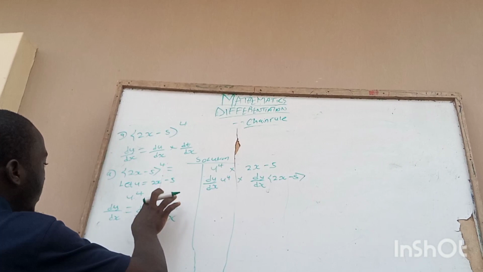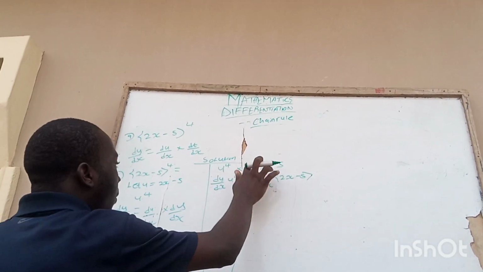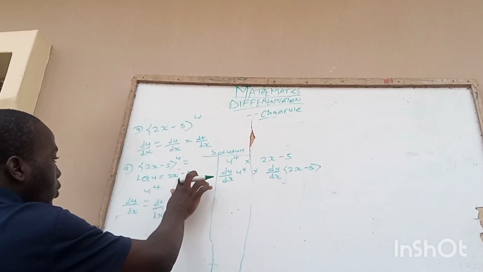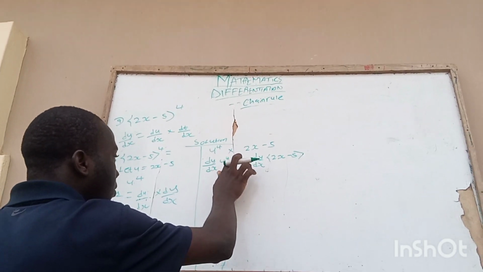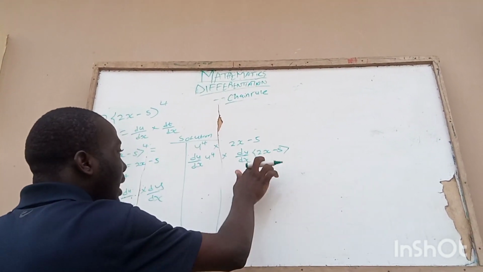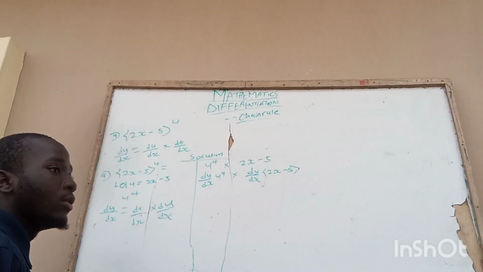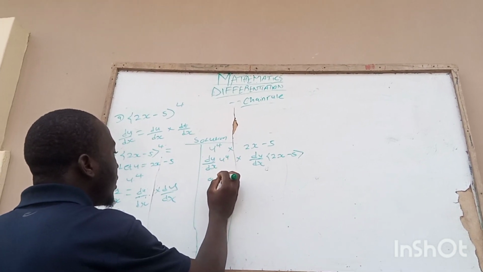This means the differentiation of u raised to power 4, multiplied by the differentiation of 2x minus 5.